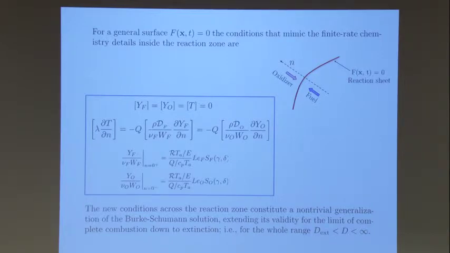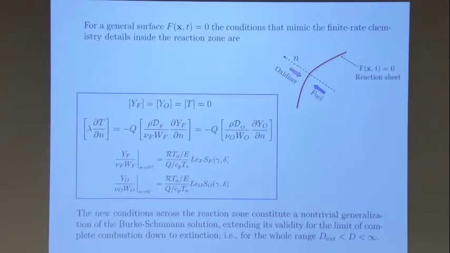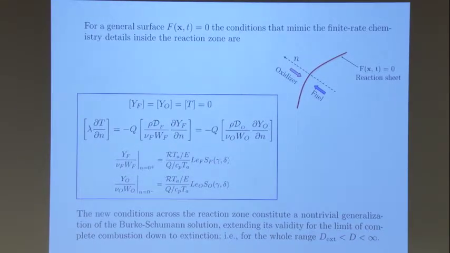One can therefore generalize this idea, or write a general formulation, which is the following. If you have a reaction sheet, then the variables across the reaction sheet are continuous. There is a relation between the fluxes, as we interpreted before. The fluxes of fuel and oxidizer are in stoichiometric proportion.